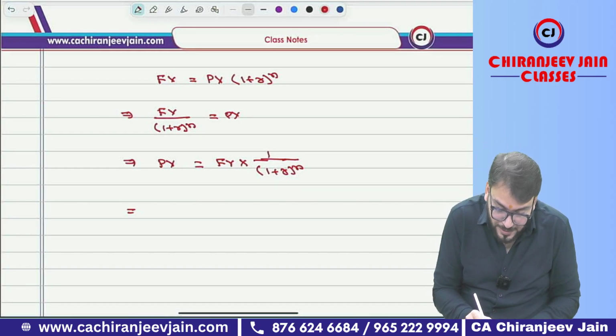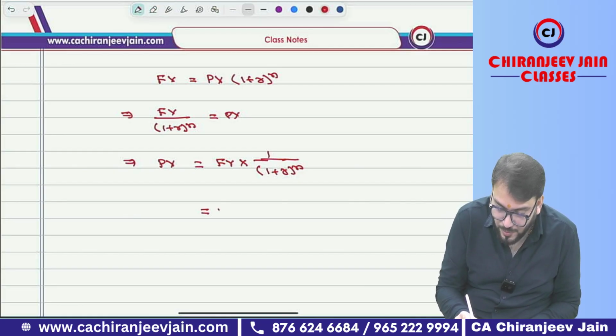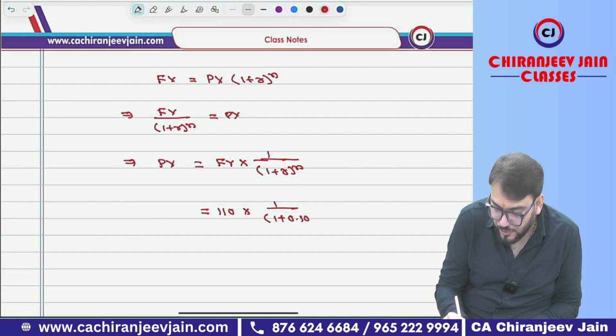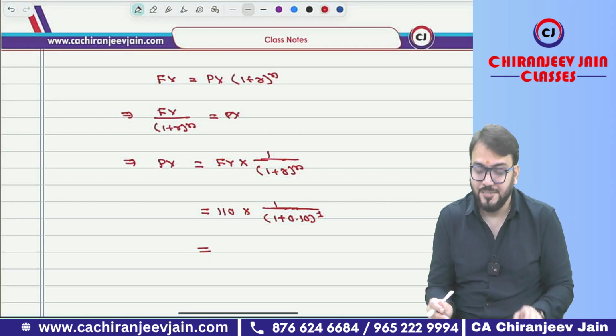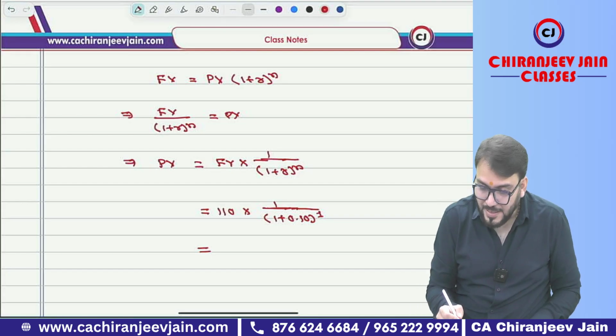Means, if the future value is known, what is future value? 110 into 1 by (1 plus 0.10) to the power 1. Just calculate it, you will get 100. Just do it. So if I say 1 divided by 1.10 into 110 is equal to what?